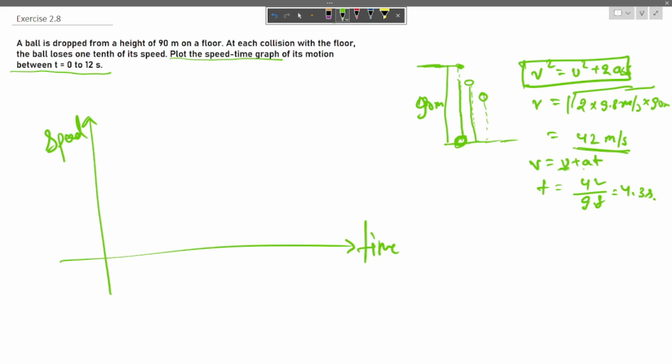So here velocity would be increasing from 0 to 42 meters per second in a time interval of 4.3 seconds. Since the acceleration is constant, the increase in speed would be a straight line, or uniform, till 4.3 seconds.